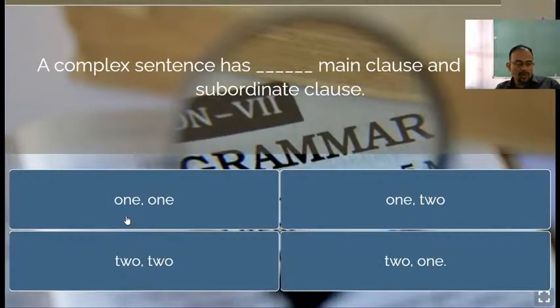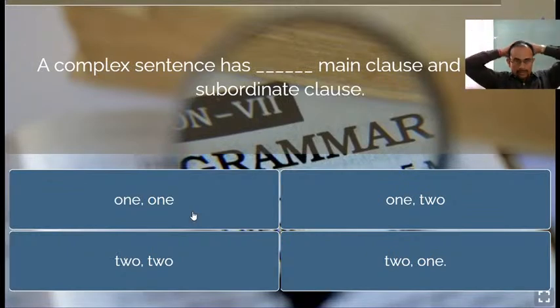Okay, so now let's move on to another one. A complex sentence has dash main clause and dash subordinate clause. A complex sentence has one main clause, one subordinate clause, or one main clause, two subordinate clauses, or two and two, or two and one. Which one do you think? A complex sentence has one main clause and one subordinate clause, or one and two. One and one.